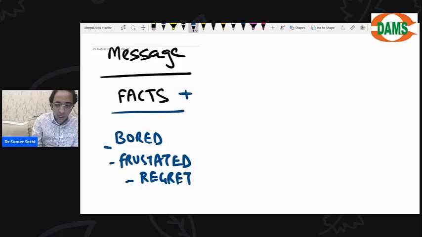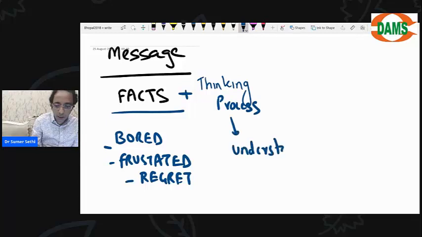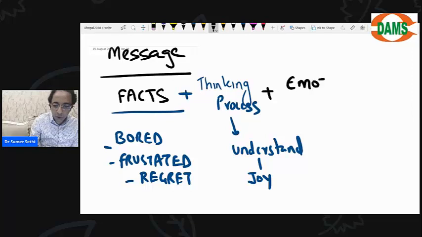But if you add to facts a thinking process, a why, now what happens is you start to understand, and when you start to understand, it adds joy to the process. But now if I add to it the third component that we have not talked about so far, emotion.